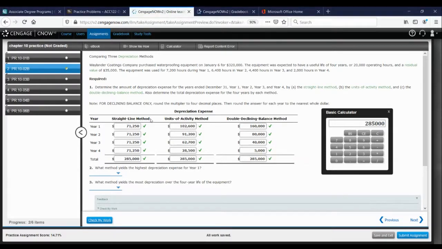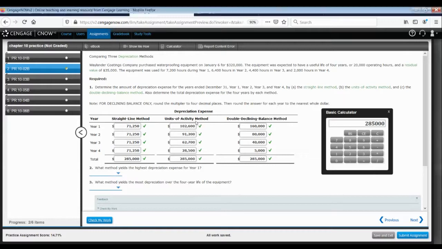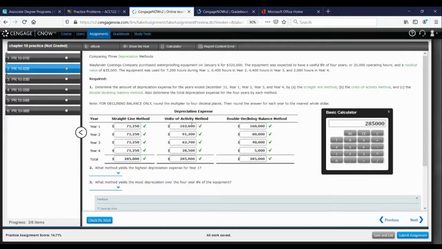If the company chooses to use the straight line method, it's an equal amount every year. And so these would be equal for the annual amount of the accumulated depreciation under the straight line method. In the units of activity method, you can see here it kind of goes all over the place. It really just depends on how many hours you've used to determine the depreciation expense for the units of activity method.